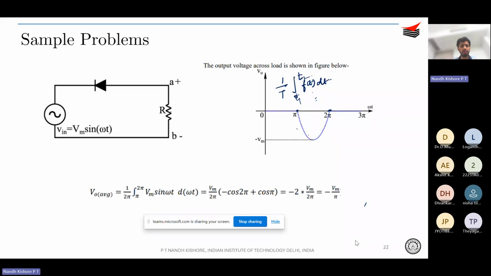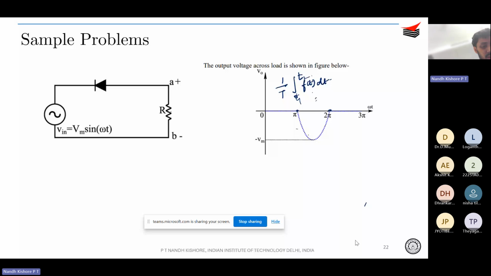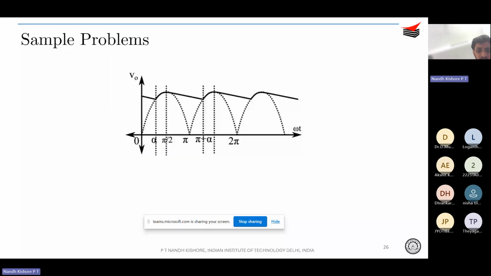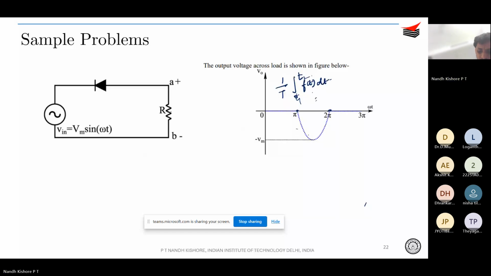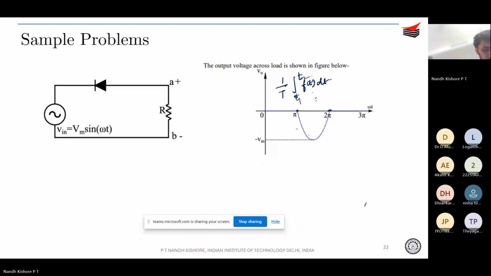Always remember one thing. If they ask for the average load voltage or RMS load voltage, just go back to the definition. The average value of any quantity is given by 1 by T integral t1 to t2 f of t dt, or area by time.